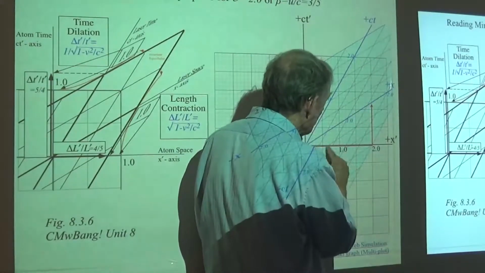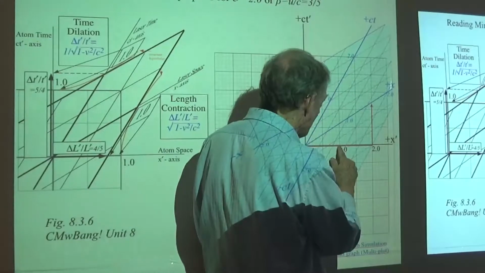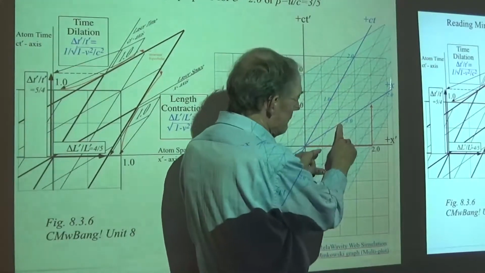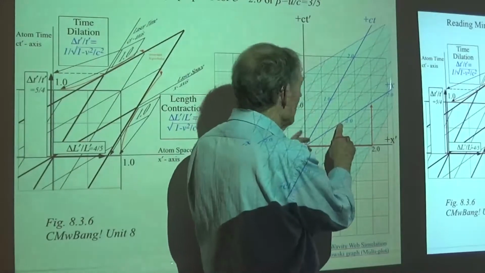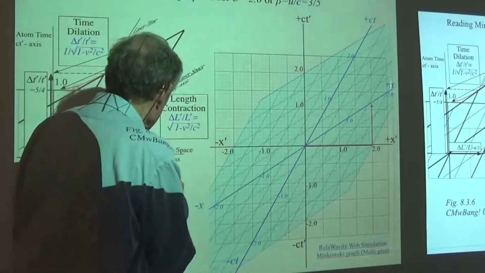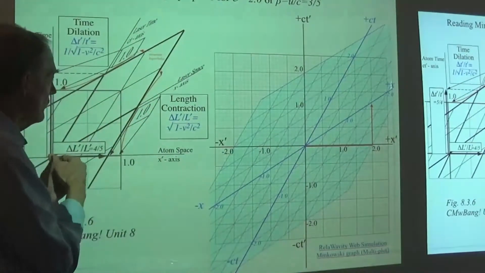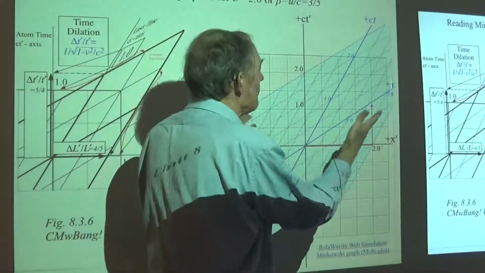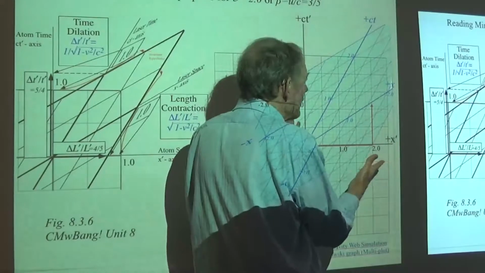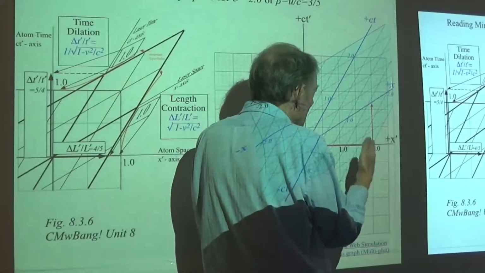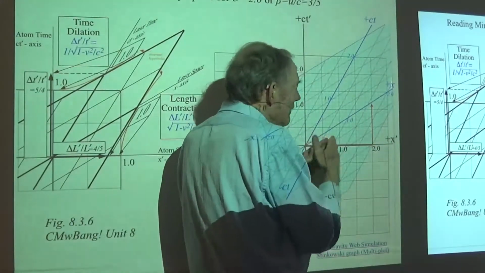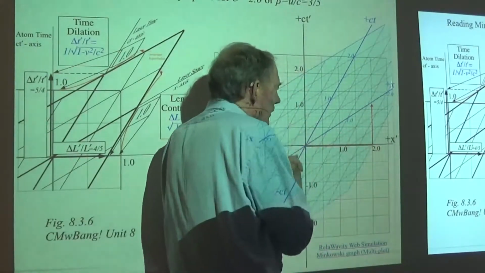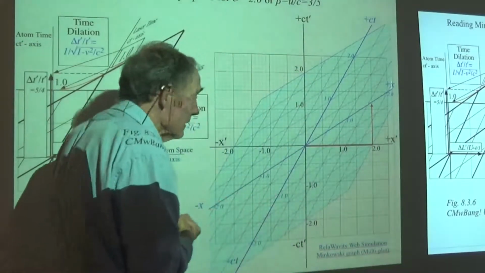If I'd drawn it from 1, going up here, I would end up at 0.8. So that's probably the one to look at. That's what this number is. This is 4/5, it's 0.8. So this is Bob saying that Alice's equipment, the laser wave and the thing that's holding the wave, is shrinking by 20%.